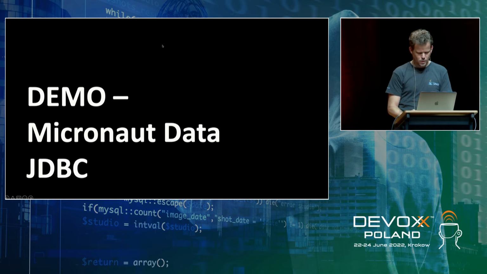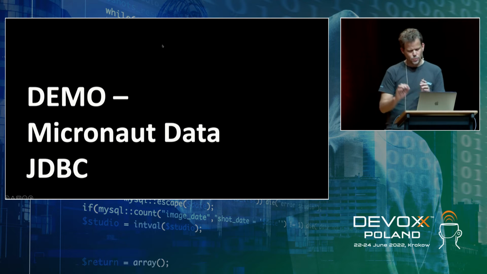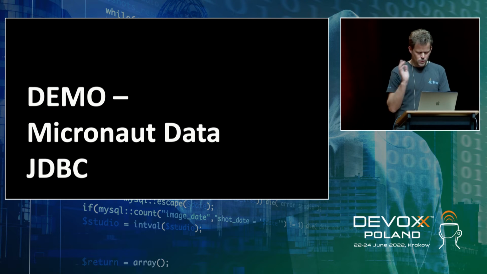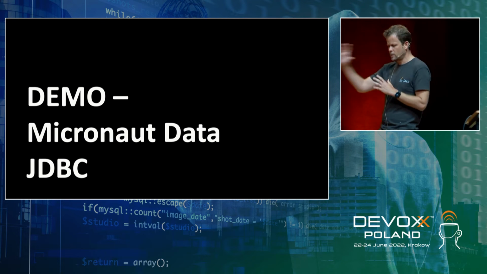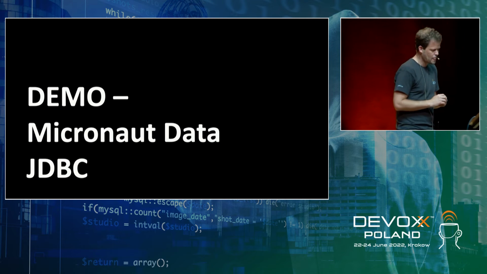OK. So now I'm going to do a demo of Micronaut Data JDBC. OK, so you've seen Micronaut Data JPA. I'm going to switch over, and I'm going to look at a completely different implementation. So like I said, Micronaut Data has multiple backends. JPA is one of them.